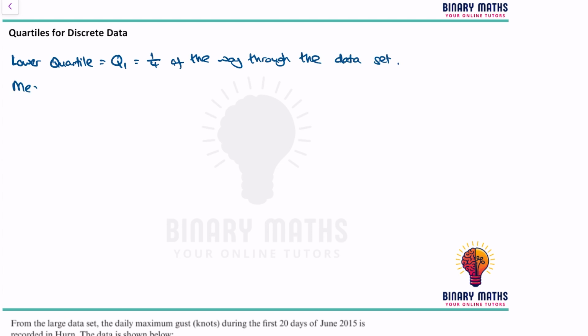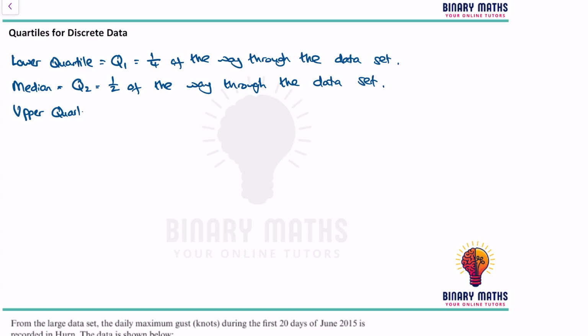Then we have median, which is denoted Q2, which is half of the way through the data set. Upper quartile, which is Q3, which is 3/4 of the way through the data set.